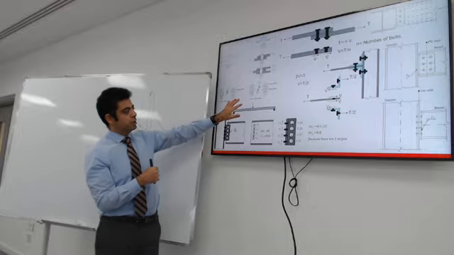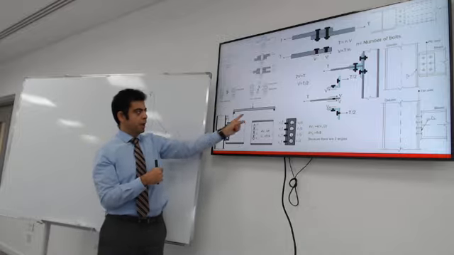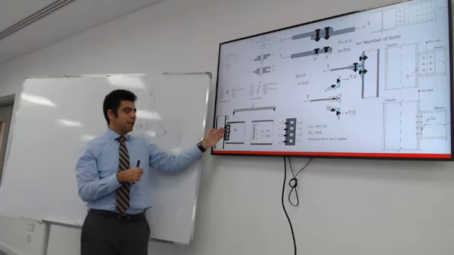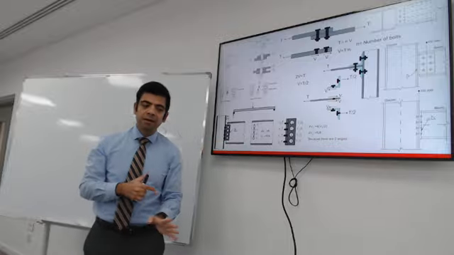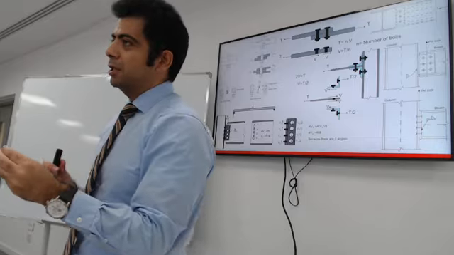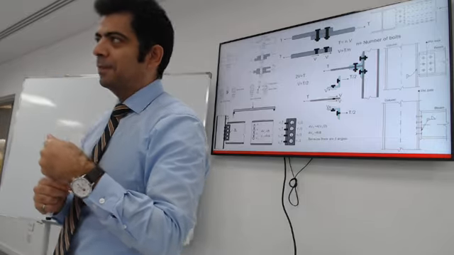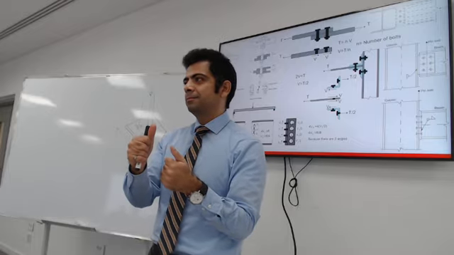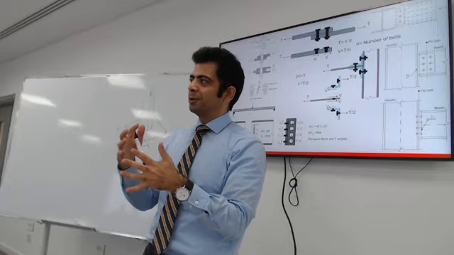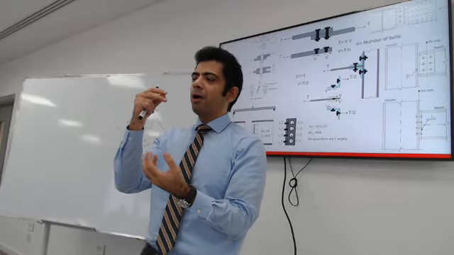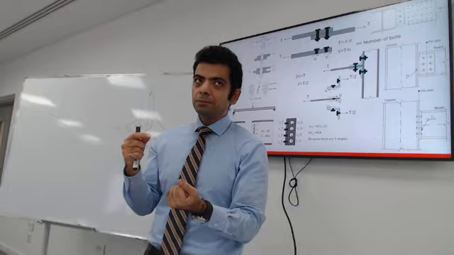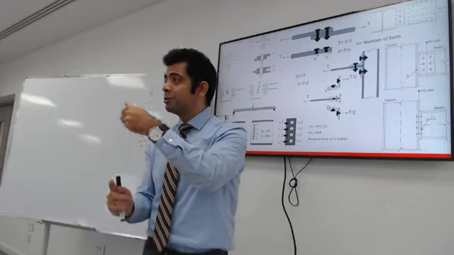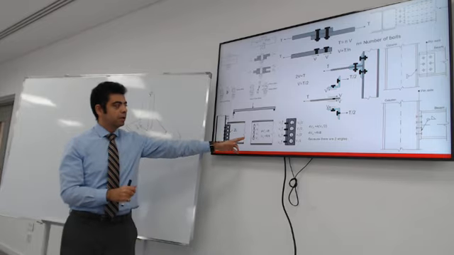So if the reaction of the beam is R, what is the shear force on each bolt in this connection? I have a connection that has 4 bolts, and this connection is at the end of a beam that has a reaction R. Reaction resisted by 4 bolts. What is the shear on each bolt?